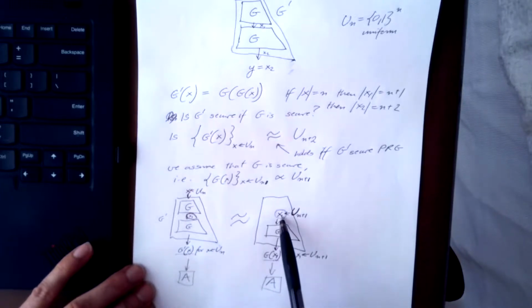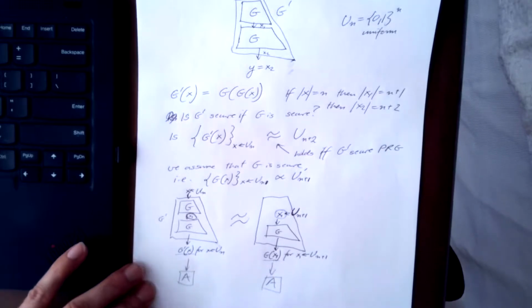If x1 came from this one, then that procedure would hit this distribution.